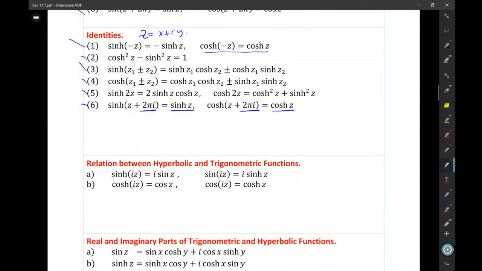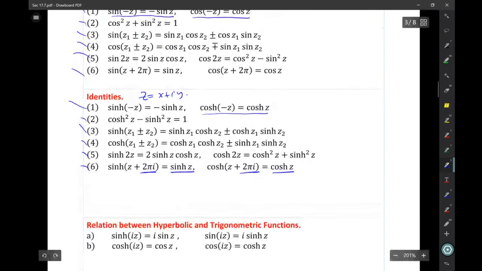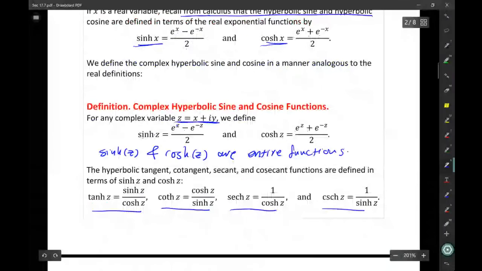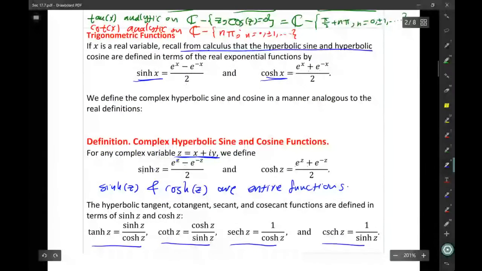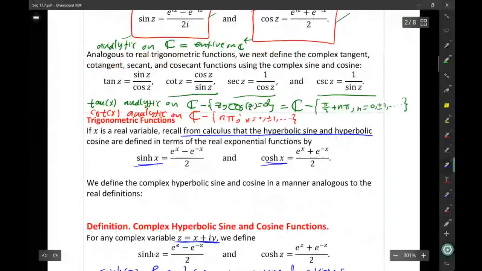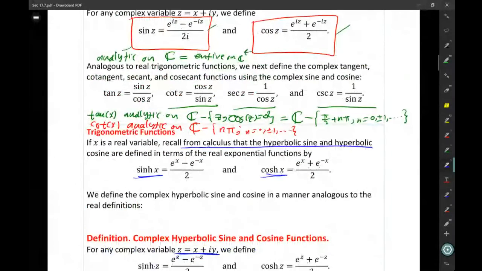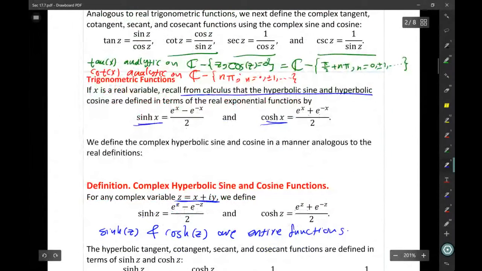Now, what is the relation between hyperbolic and trig functions in complex? Now sinh iz is equal to i times sin z. How? Go back to the definition of sinh and replace z by iz.